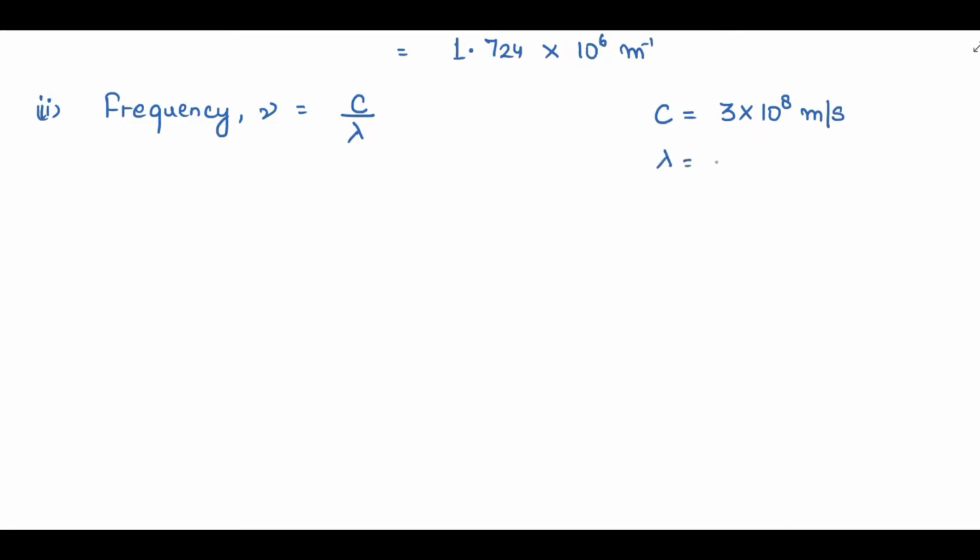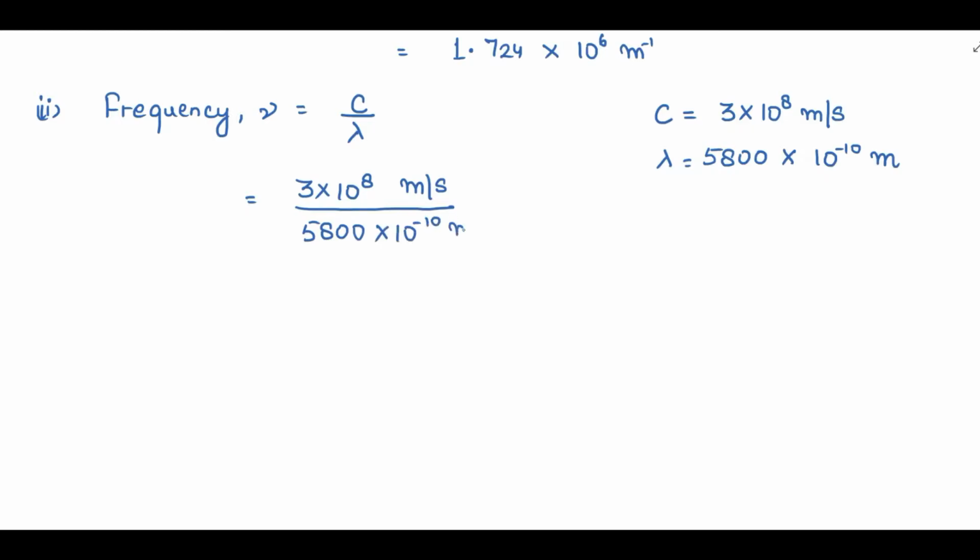Lambda is 5800 into 10 raised to power minus 10 meter. Now let's put the values. C, 3 into 10 raised to power 8 meter per second, divided by lambda, 5800 into 10 raised to power minus 10 meter, right? I'll cancel this meter with this.